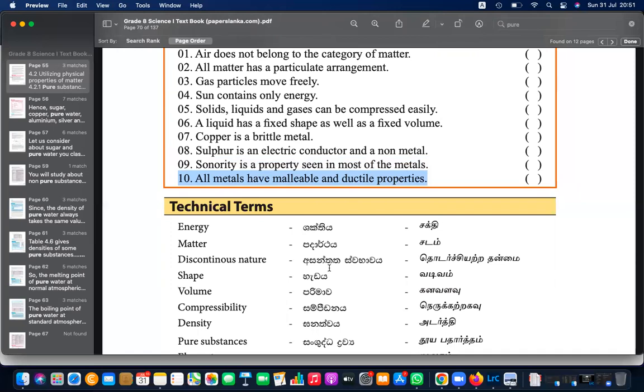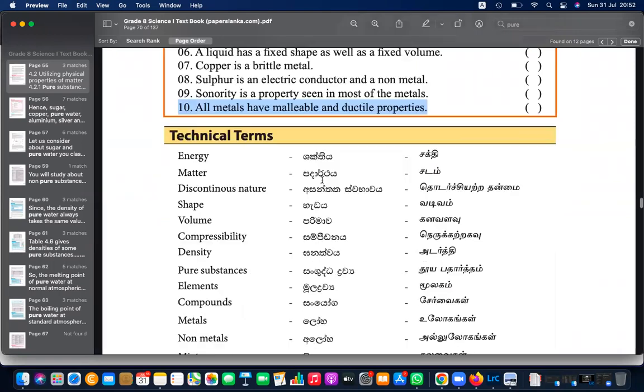No. Just take mercury. Mercury is a metal. Is it malleable, ductile? Cannot tell like this, right? So all metals are not malleable. Maybe at some temperature it can be, but not always. All metals are not malleable and ductile.